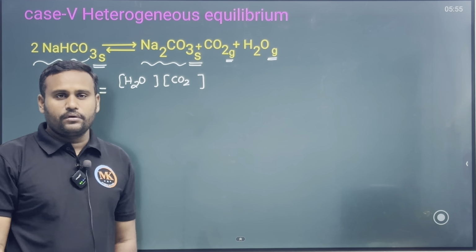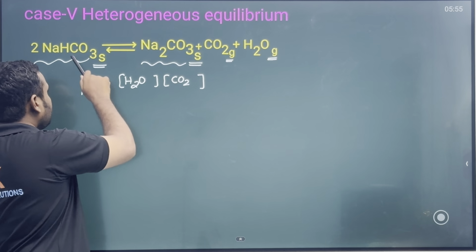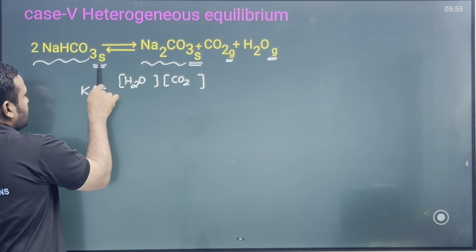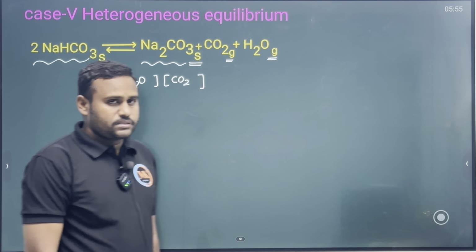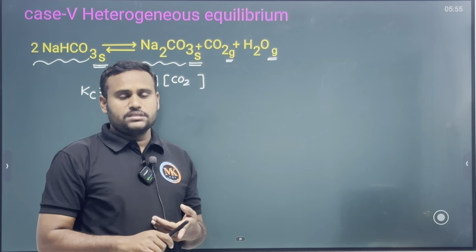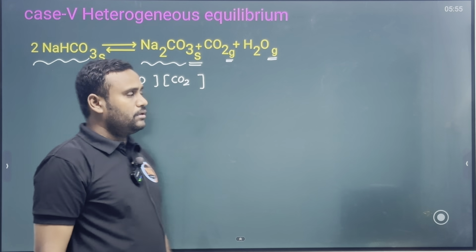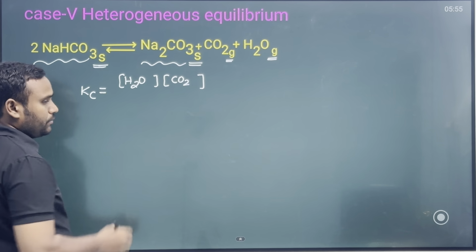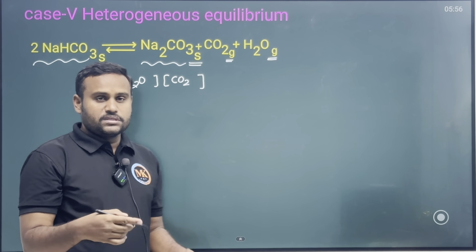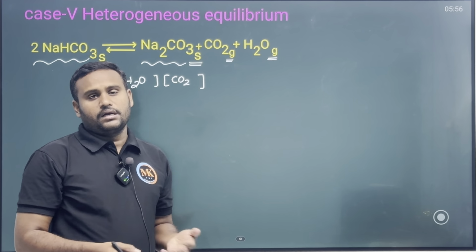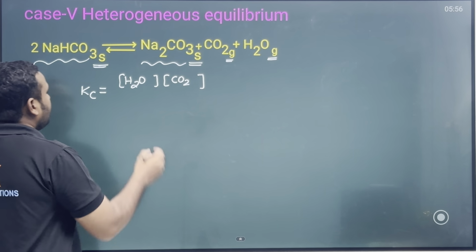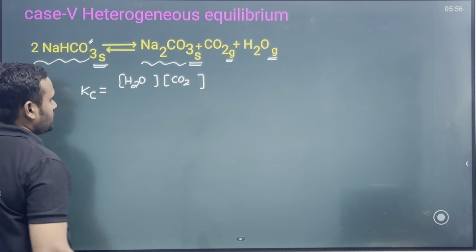Why not? Because these are present in the solid state. The molar concentration of pure solids becomes unity, meaning 1, so their concentration does not change along with the volume. That's why we are not going to take their concentrations.